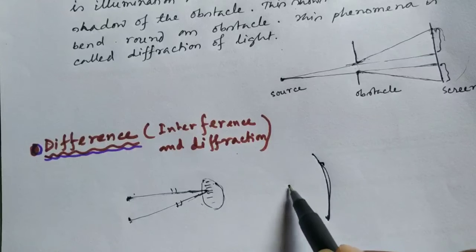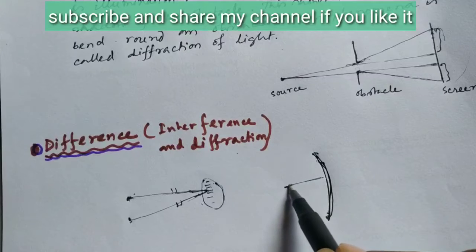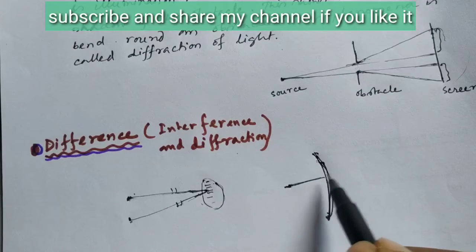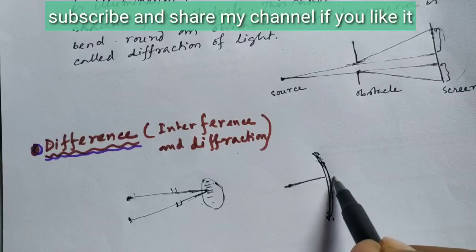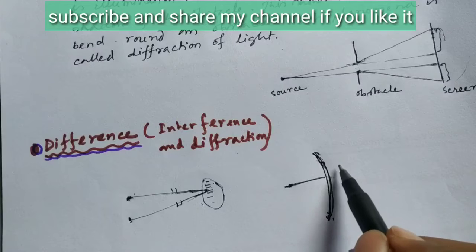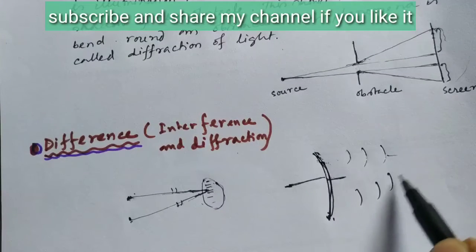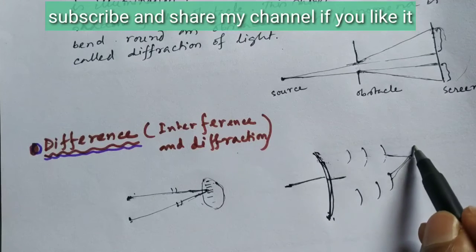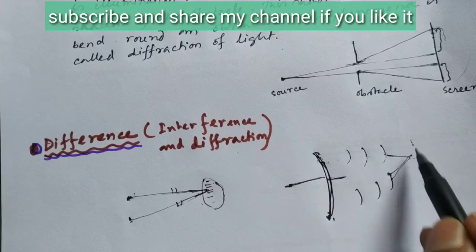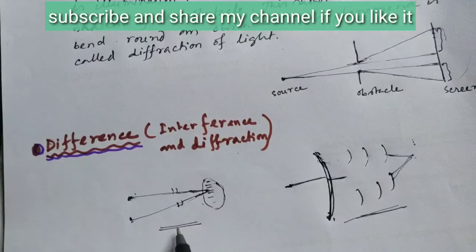This means one source emits light, and the wavefront of this light divides into two parts, and by superposing these two parts of the wavefront, diffraction is produced. So in this case we see diffraction, and in the other case we see interference.